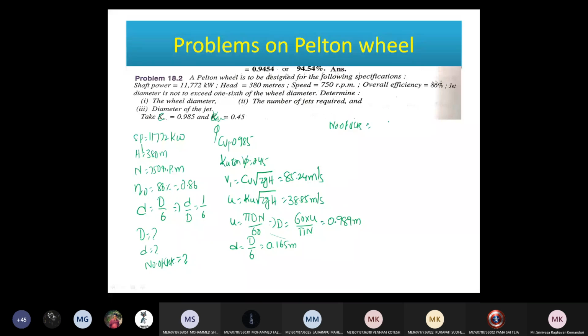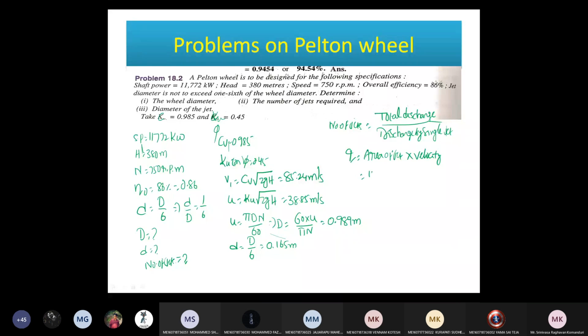Number of jets can be calculated from total discharge by discharge by single jet.